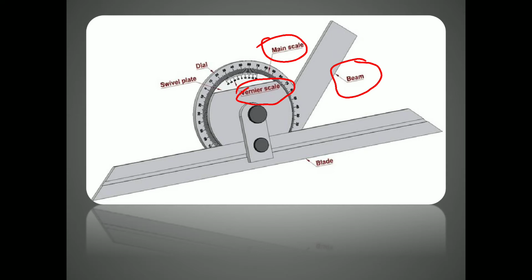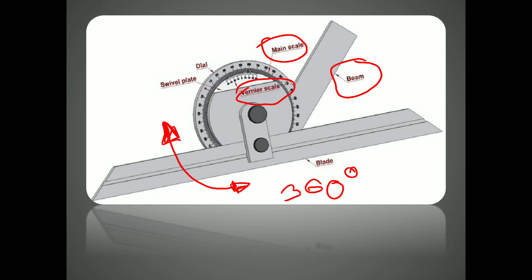This is the rotating blade, so it is going to rotate in both clockwise as well as anti-clockwise manner, and it also has 360 degrees of freedom, 360-degree rotation in both directions, so that you can adjust the edges or the faces of a component and the blade with respect to your application.